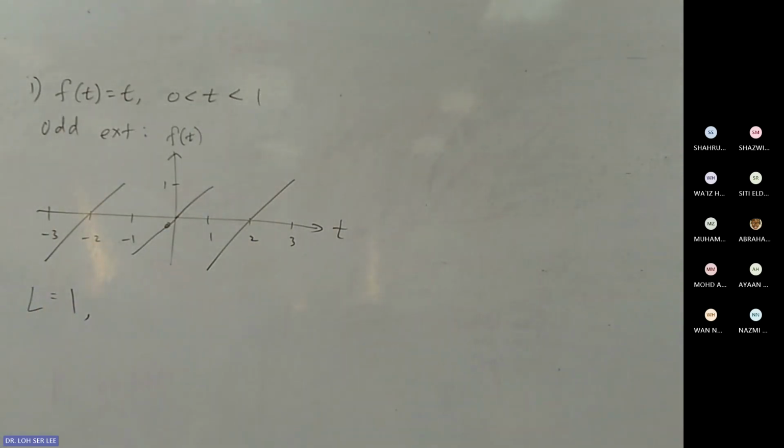Now we are finding the Fourier sine series, meaning that we just need to find Bn with this formula.